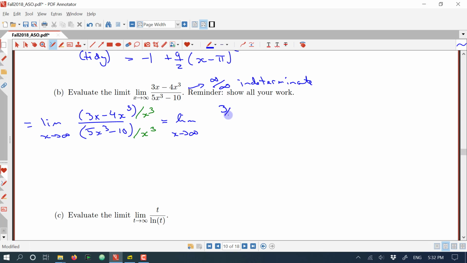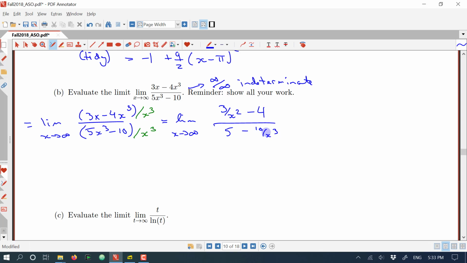What we see though is the payoff of turning some of these infinite quantities into finite ones. So we're going to have 3 over x squared by the time we take 3x over x cubed. The minus 4x cubed though simply turns into the fixed quantity negative 4. Likewise, the 5x cubed turns into 5 minus 10 over x cubed.